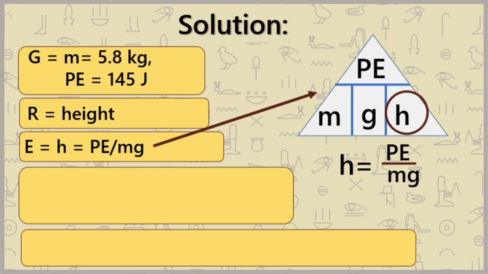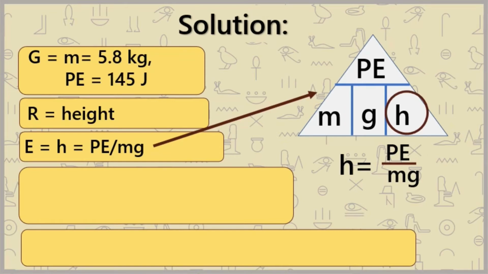We have PE at the top, and then at the bottom we have mass, the gravity, and the height. Since we are getting the height, we're going to derive the formula, and what we're going to get is H equals PE over mg, or height equals PE divided by mass times gravity.